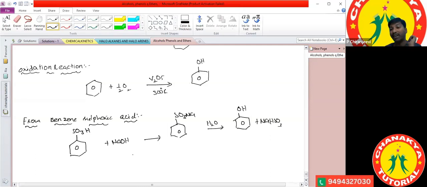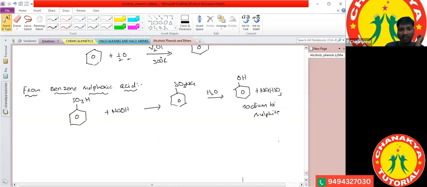SO4 2 minus. Sulfite is SO3 2 minus. Now you have clarity. This we call sodium bisulfite. Okay, and we can go to another step.